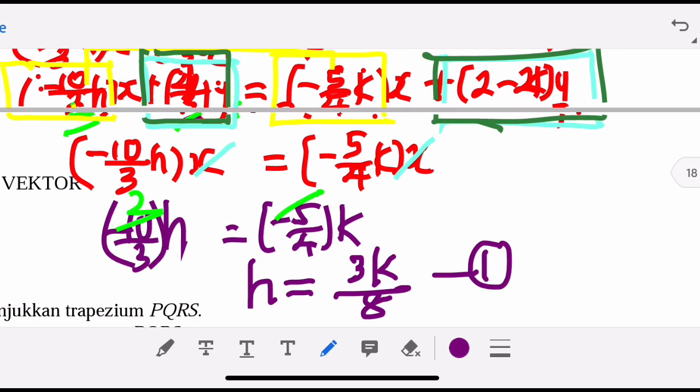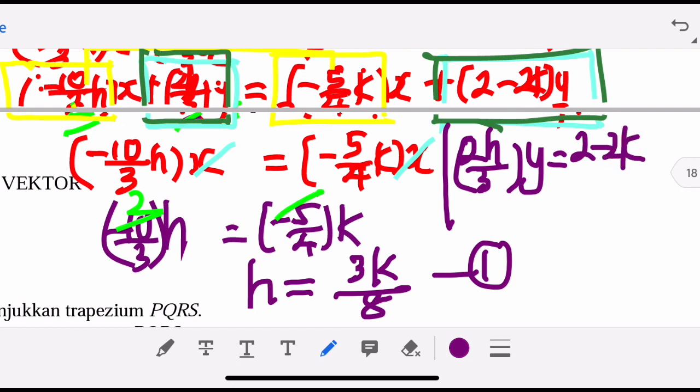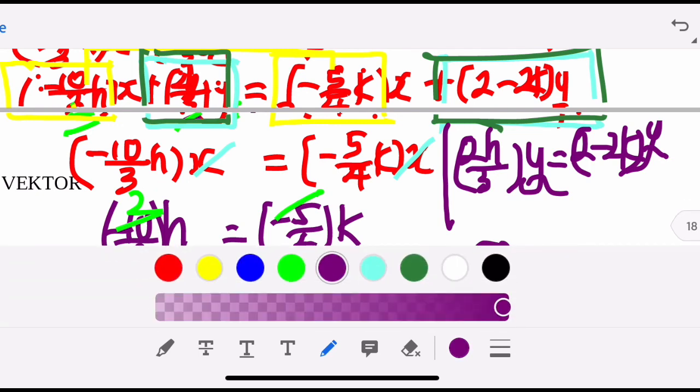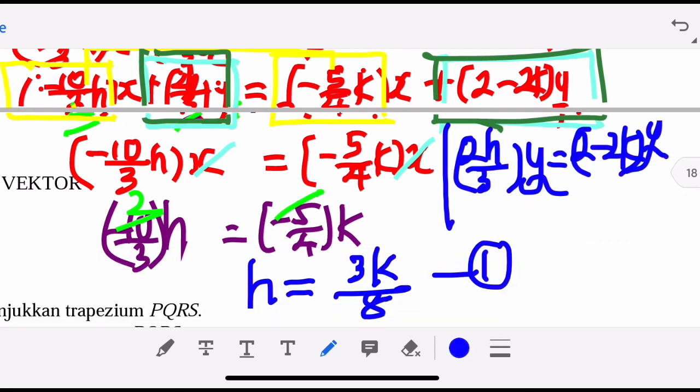Okay, now we will compare the coefficient, or the number or the constant, beside the y, which is 2h over 3y equal to 2 minus 2ky. You can ignore the y, you don't need to write y, because it will be cancelled out. So 2h over 3 is equal to 2 minus 2k, right?